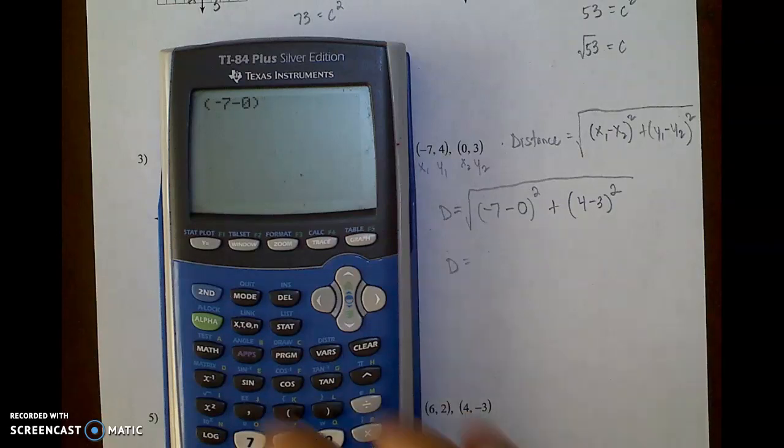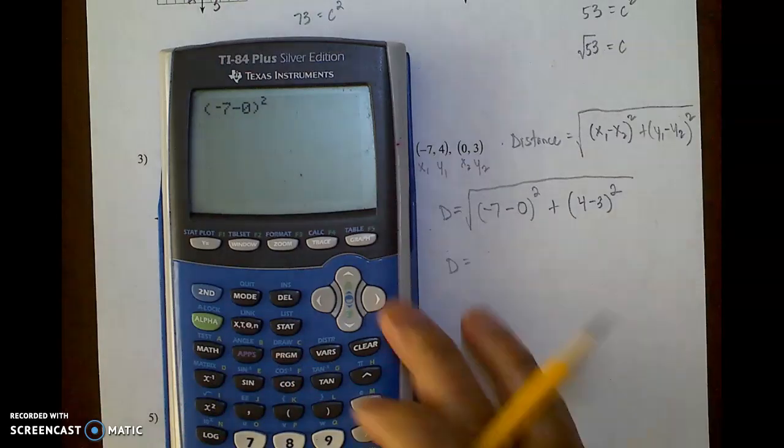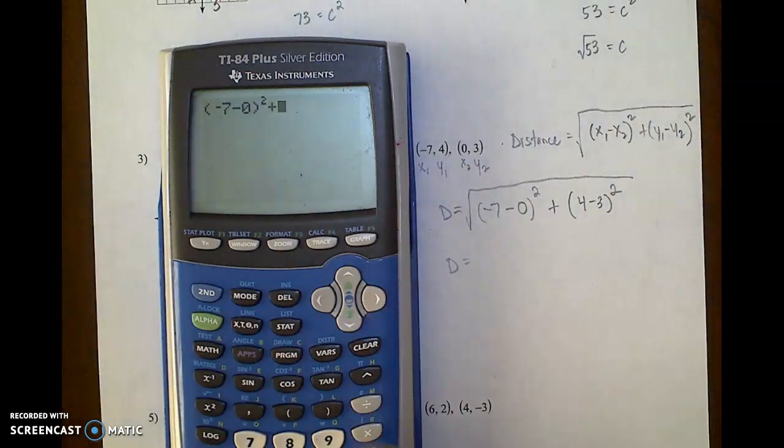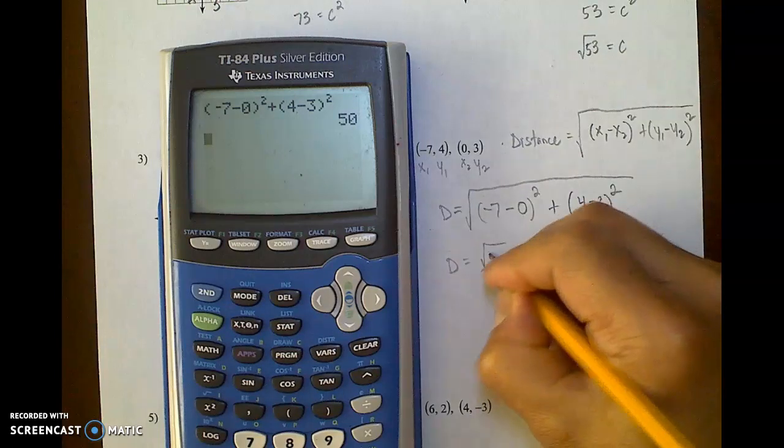Close the parentheses, then square it. Plus 4 minus 3 in parentheses. Square that. Just press enter. We get 50. So right now we have the square root of 50.